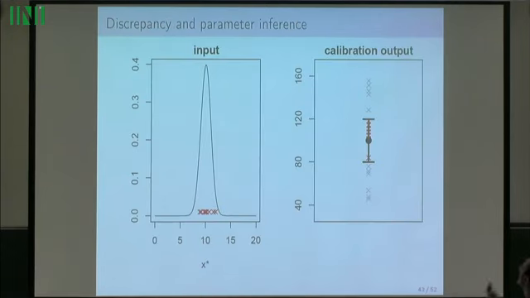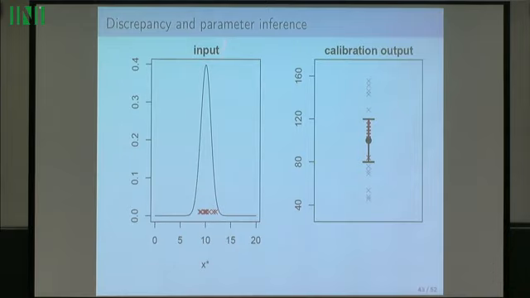So if we just talk about parameter inference, imagine I've got a single output that I'm trying to hit. I've tried some input values. The corresponding outputs are within the noise. So at the moment, this is just experimental, observational noise and no discrepancy. And I find some inputs that I think are hitting, and I maybe put a distribution around them.